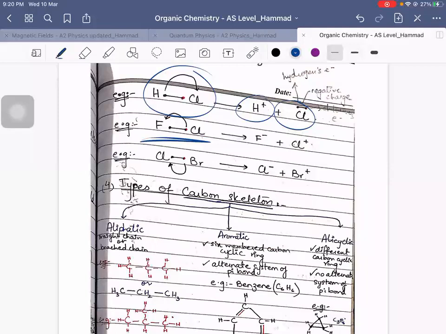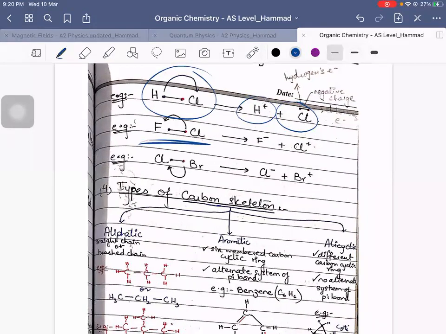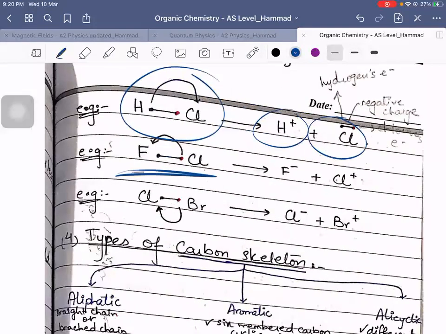Please understand the fact that this sideways breaking simply means that the more electronegative element will take away all the electron density and therefore will form a nucleophile, whereas the other one has to form an electrophile because it is electron deficient.